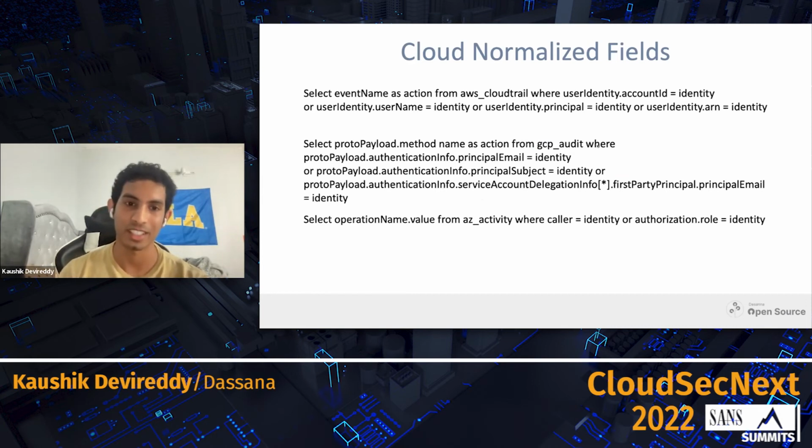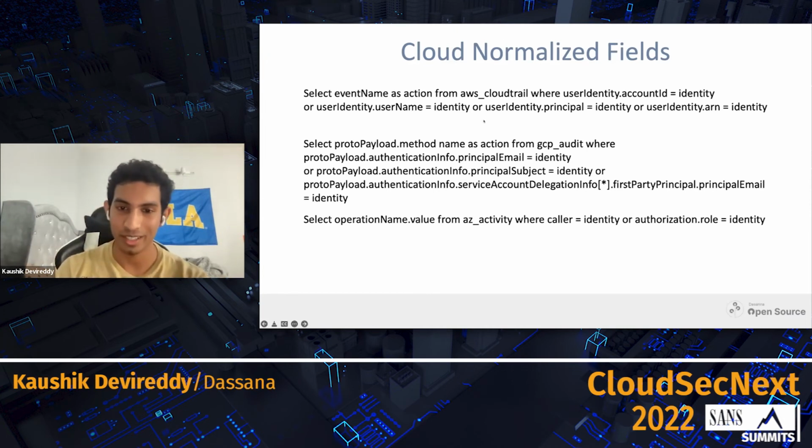And in GCP, we just learned that in cloud audit logs, the identity could be contained within the principal email of authentication info, the principal subject of authentication info, or service account delegation in authentication info. And in Azure, again, it could be within caller or the authorization role.